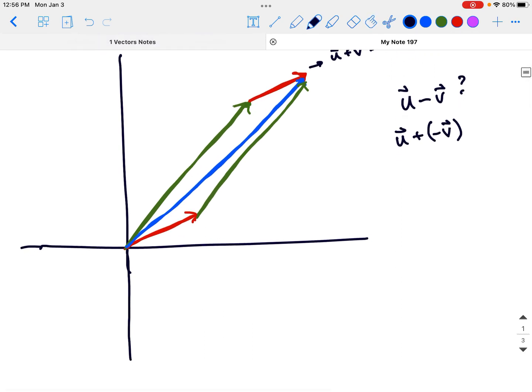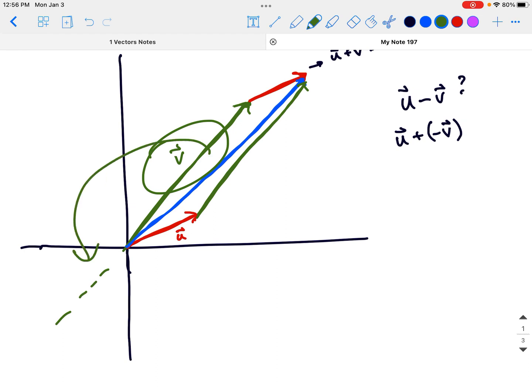So if we draw our V vector, so we'll note this is vector V, and this is vector U. What we're going to get for minus V is going to be this vector, but in the opposite direction. So 180-degree rotation from its current location. Let me try and draw that. Okay. So it's going to look something like that.